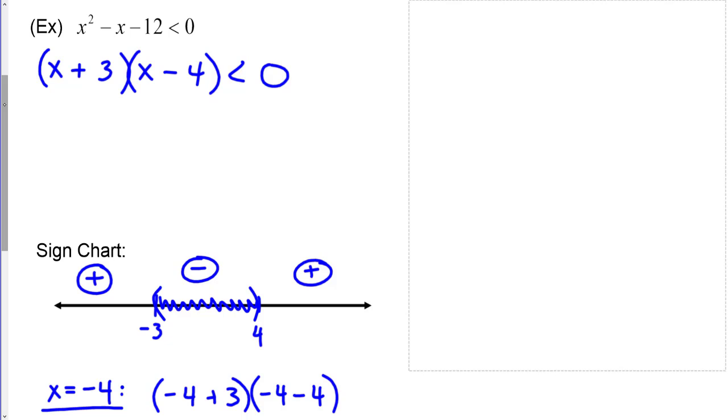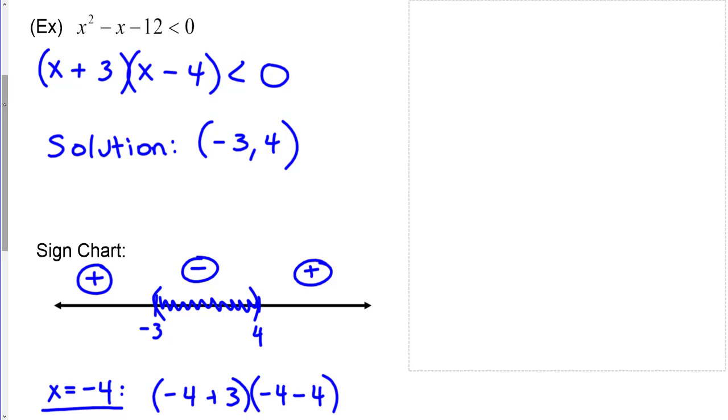And I'm using the parentheses here because I'm not including, since this is just less than 0 and not less than or equal to 0. So my solution from my sign chart is -3 to +4, that interval right there.